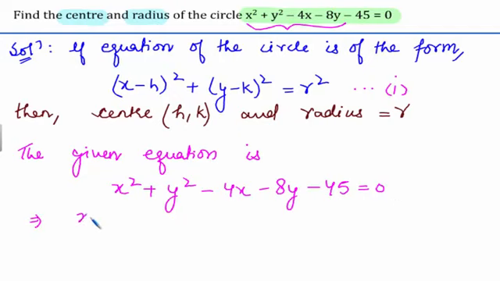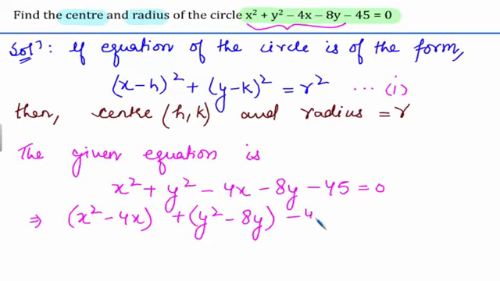This implies that x square minus 4x plus y square minus 8y minus 45 is equal to 0.